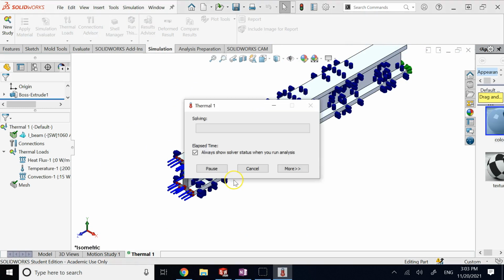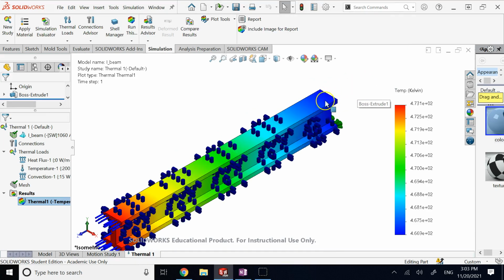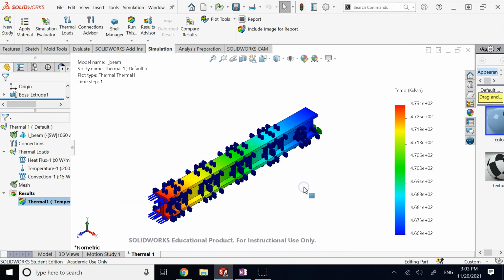And here SolidWorks is using finite element analysis, FEA, to get you the temperature distribution within the part. And as you can see, at 473, which I told you on the left, the temperature is starting to go down and further reduce until you go to that other side where it is what? 469.